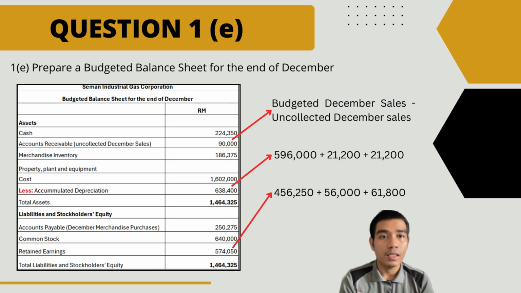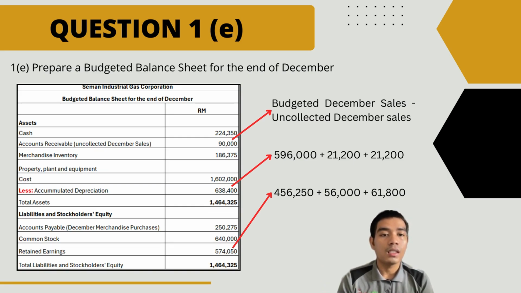Last but not least, question 1E, which is prepare a budgeted balance sheet for the end of December. First of all, assets. The items of assets are cash and accounts receivable. Accounts receivable we get from the budgeted December sales less uncollected December sales. Next, merchandise inventory, and property, plant and equipment, which is cost less accumulated depreciation, and we can get the total assets for December, which is 1464325.